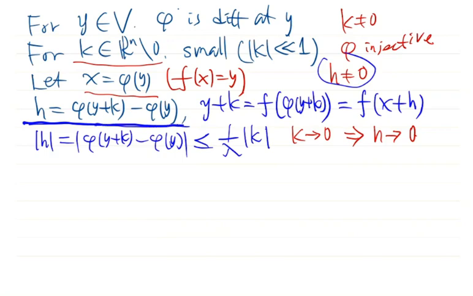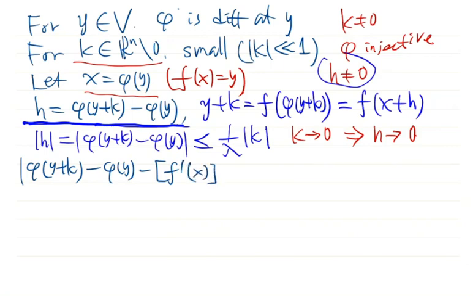So having this parametrization, we can estimate phi(y plus k) minus phi(y) minus the inverse of the derivative of f at x applied to k, divided by the norm of k.